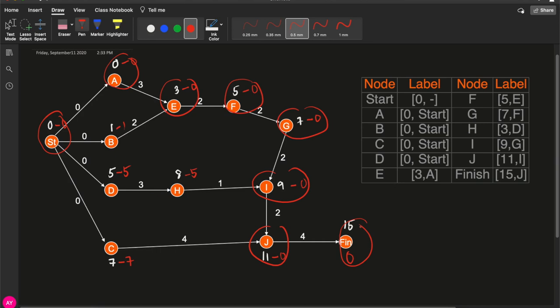Because the critical path is composed of critical activities, and in this case, critical activities are activities that have slack equal to 0. And why are they called critical? Because any delay in these activities will cause a delay in the entire project. Why? Essentially because your slack is 0. You don't have any leeway. You don't have any amount of time that you can slack off.